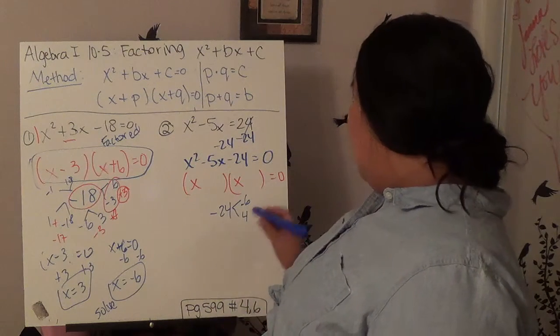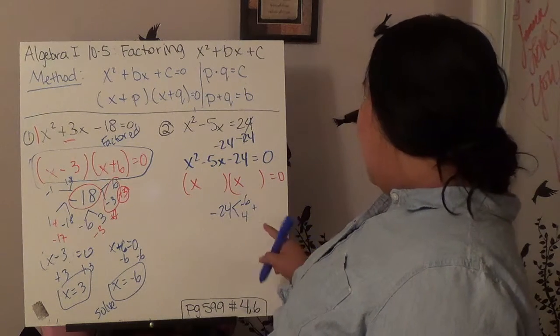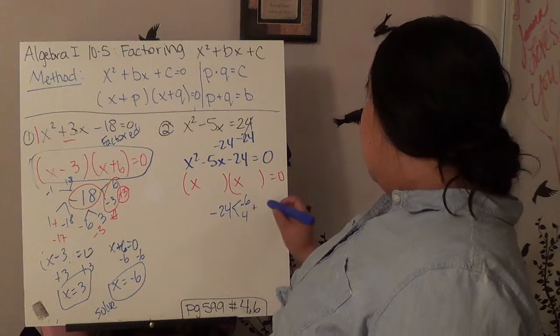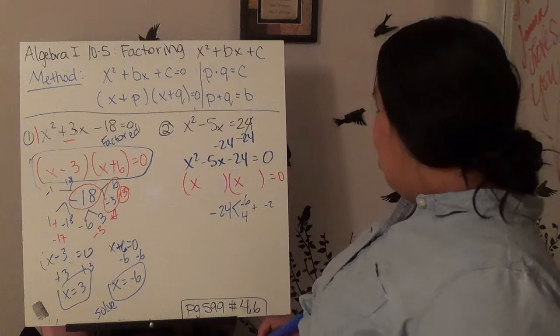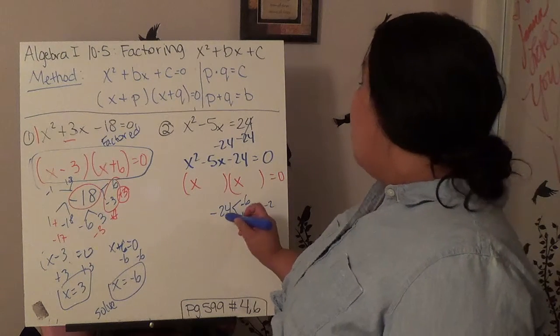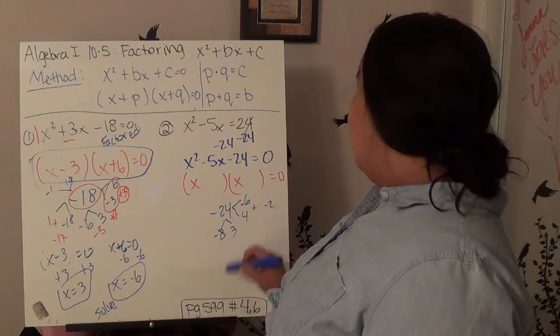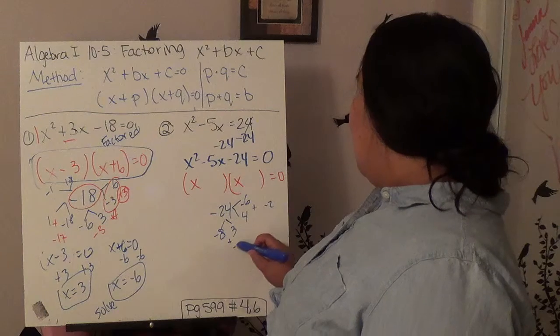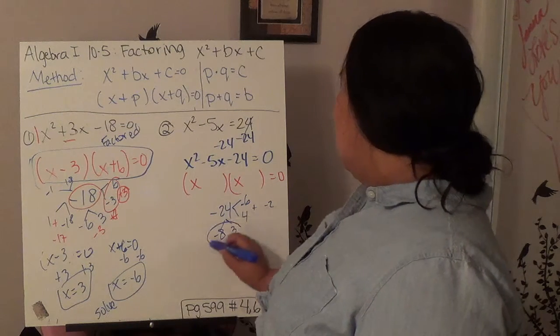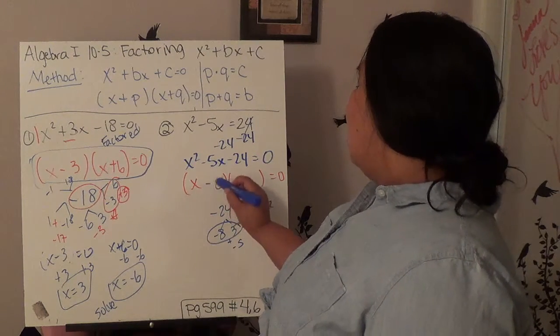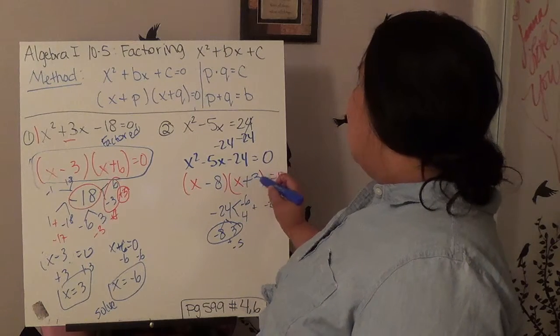If I were to add it, I would get negative 2. That's not going to work. How about negative 8 and positive 3? This added together gives me a negative 5. Ding, ding, ding! Here are my magic numbers, a negative 8 and a positive 3.